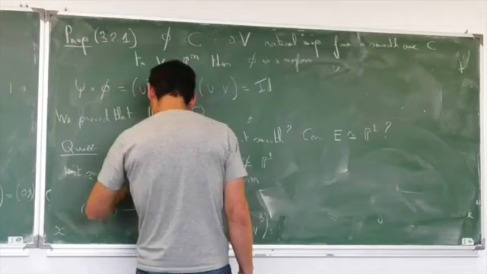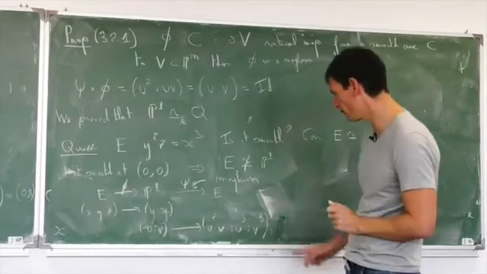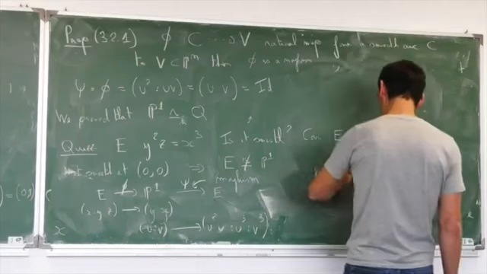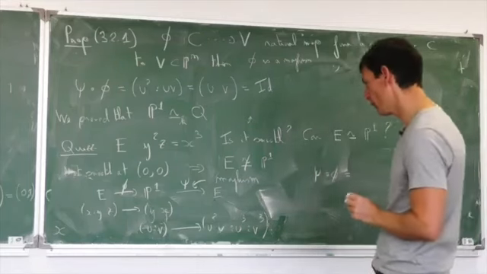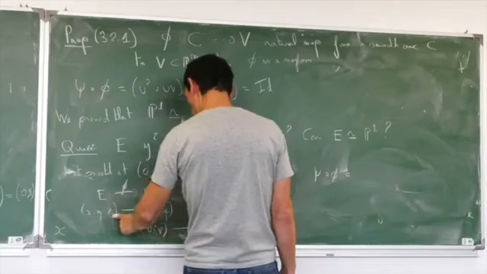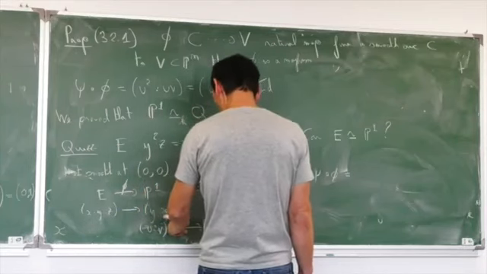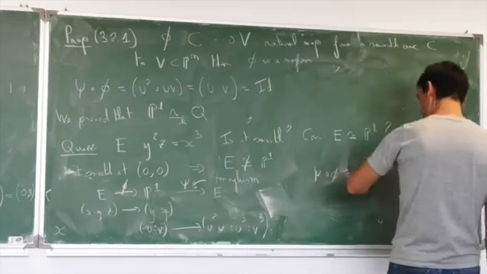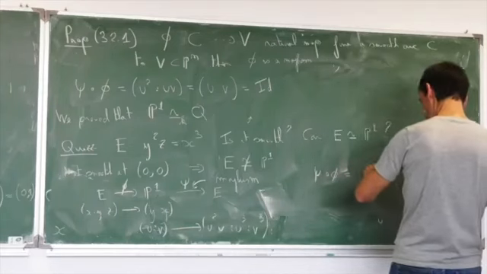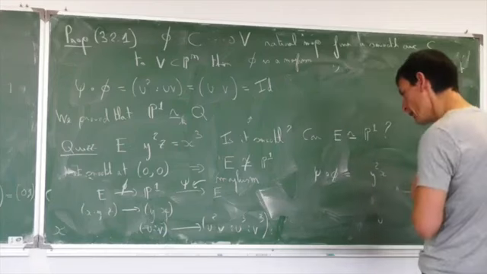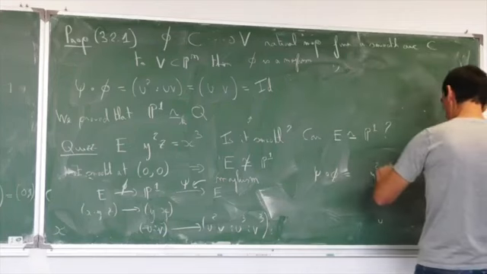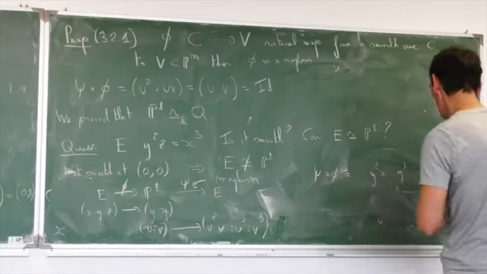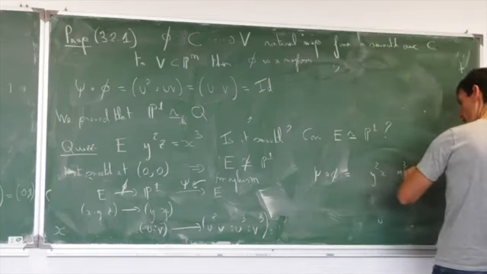Now what about phi? First, let's do the composition phi psi. So if I do this, I start from (x, y, z). So I get y and x, and I map it again here. So I get y squared x, y cubed, and x cubed.